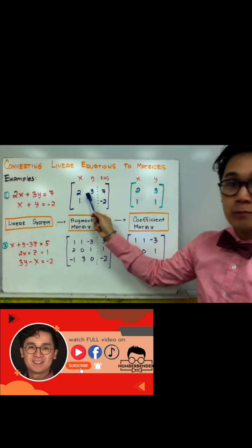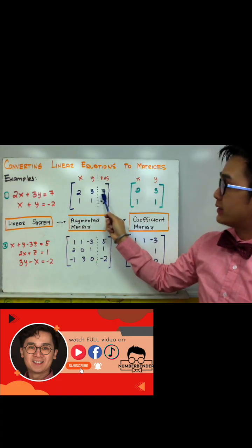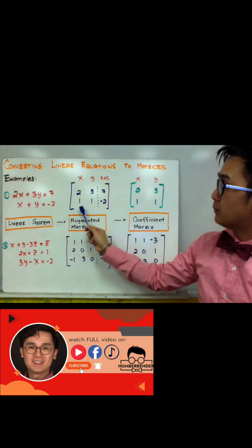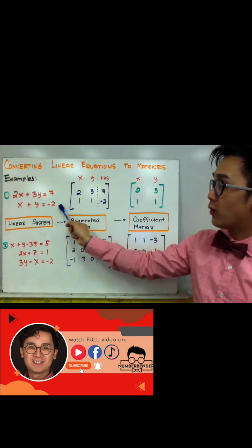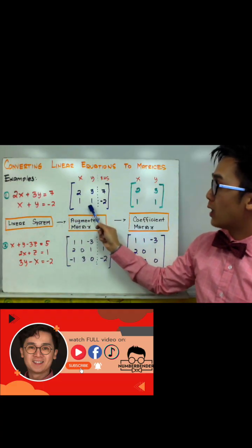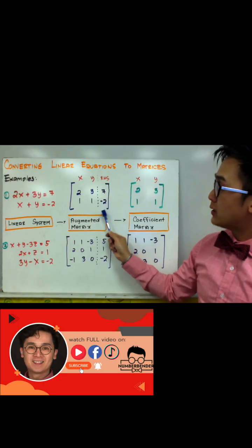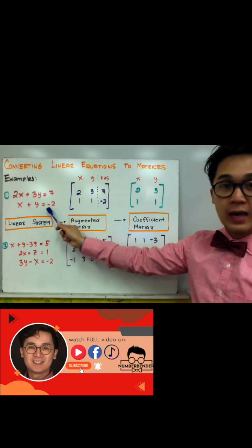So my augmented matrix for my first row is 2, 3, equal to 7. This is my x column, y column, and this is the right hand side. And for my second row, I have x plus y equal to -2, so I have 1, 1, and -2. So this is now my augmented matrix, which I converted from the linear system in example number 1.